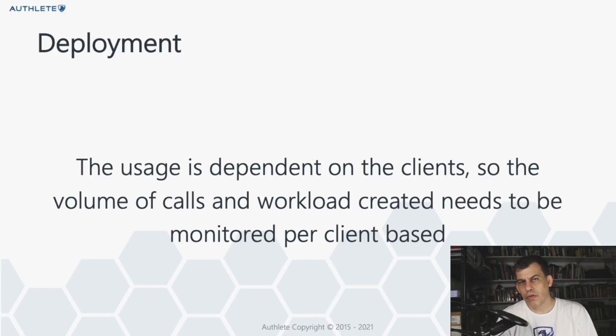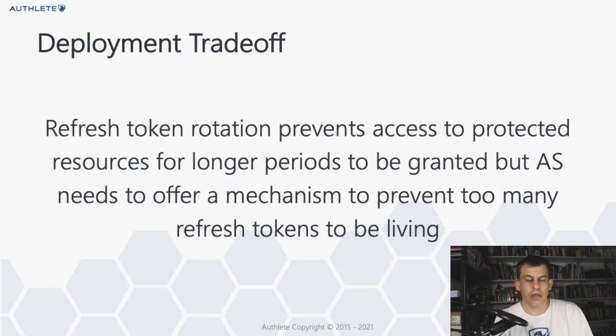And two final notes on the refresh token grant. The usage, the volume of calls and the workload pushed to the authorization server is heavily dependent on the client itself. So you need to make sure that you're monitoring, per client, how they are using and interacting with it. That creates a trade-off in the design while deploying it and making it available for clients, right?